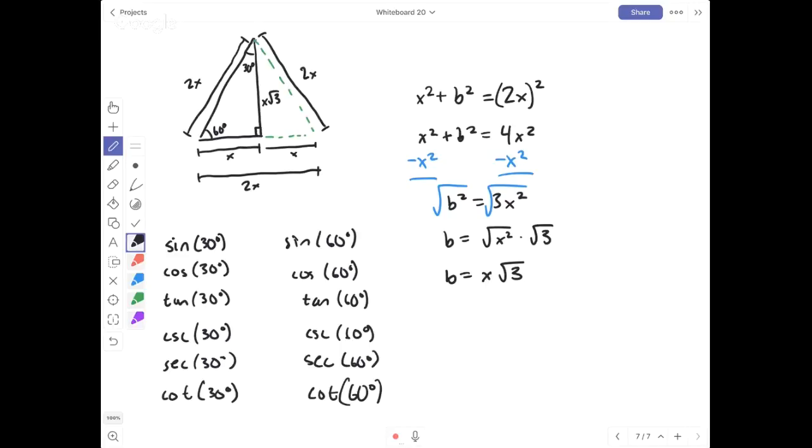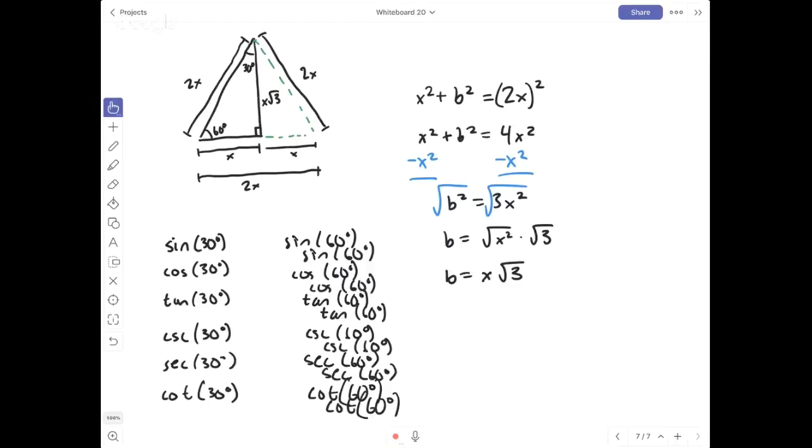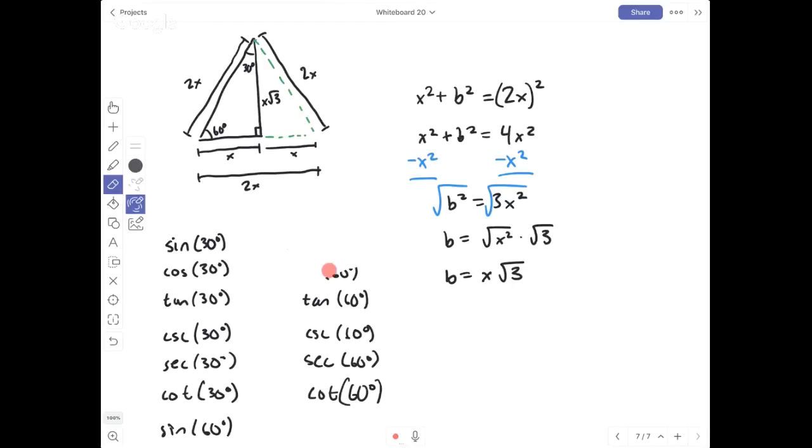Okay, I think I might need a little more space. So let me adjust there. Whoops. And erase there.